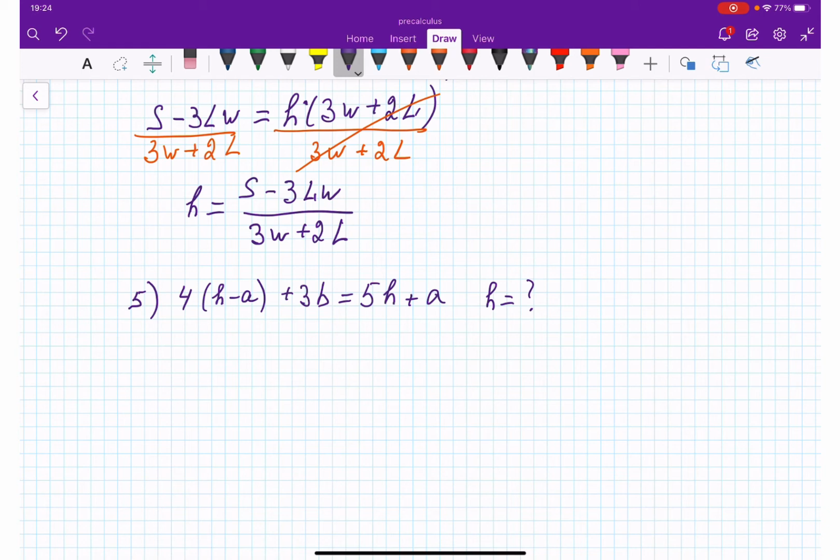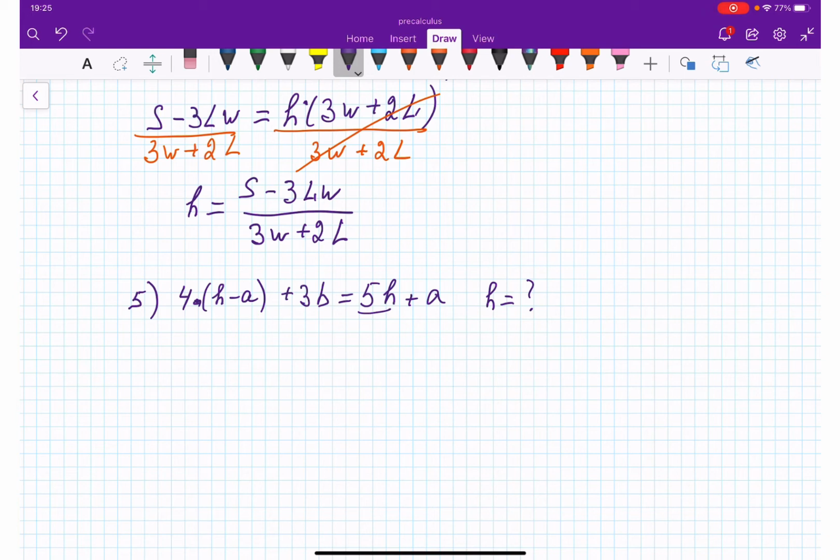Since H here is in parentheses and multiplied by 4, let's see what I'm going to do. First step, I'm going to get rid of 3B; because it's plus, I'm moving it to this side, it's going to be minus, right? And then since 4 times H minus A is multiplication, I need to divide by 4, the opposite operation. And this 5H also I am moving to this side because I need to combine the H's.